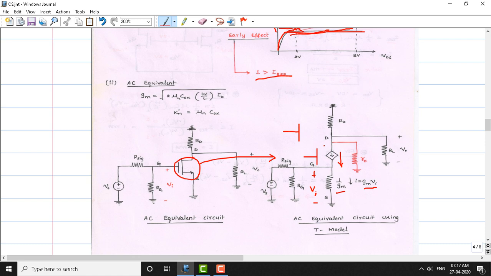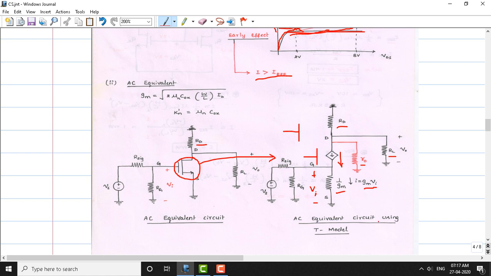And the T model also has the resistance R naught here. R naught is the internal resistance that exists between the drain and the source. This ground point is the source here. So small r naught indicates the internal resistance of the MOSFET. At this drain point, we can see the external elements that we have used: RD is shown once again here, and RL is here. The output is measured across RL.